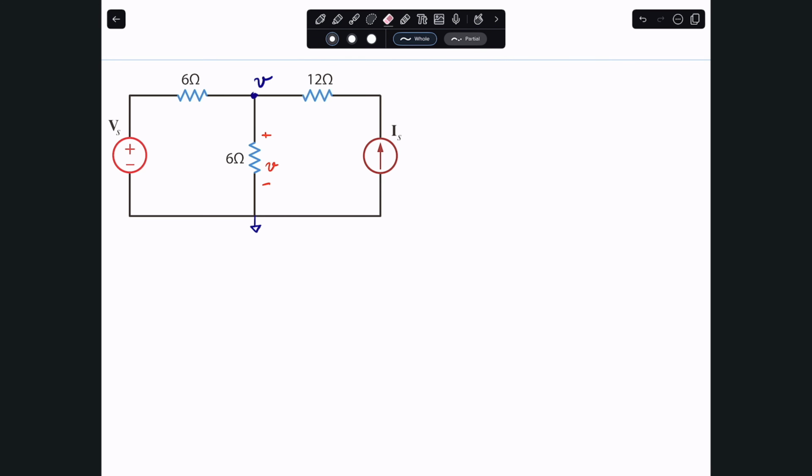So we'll say V minus VS divided by 6 plus V divided by 6 minus IS equals 0. And of course, if you do a little bit of algebra, you'll end up with the following equation: V equals half of VS plus 3 IS.